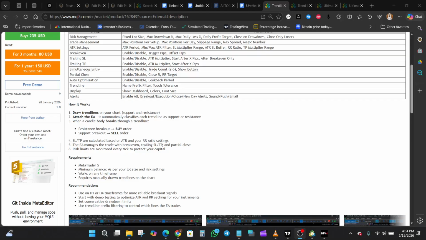So these are the kinds of controls that help regulate execution quality during volatile market conditions.